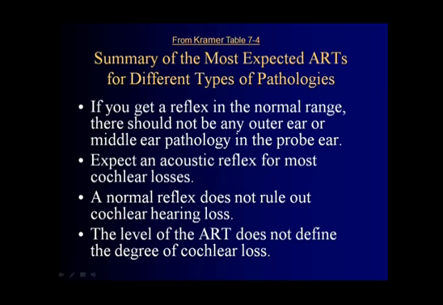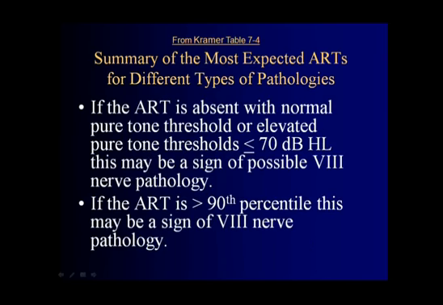And expect an acoustic reflex for most cochlear losses, meaning that the site of lesion is in the cochlea, and you would see some sort of hearing loss for pure tones. A normal reflex does not rule out cochlear hearing loss, meaning damage in the sensory organ or damage in the cochlea. The level of the acoustic reflex threshold does not define the degree of hearing loss.